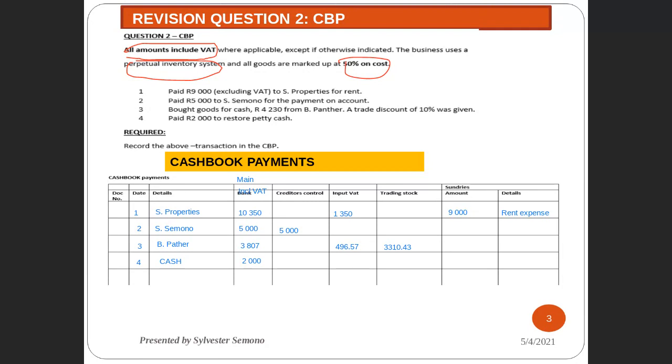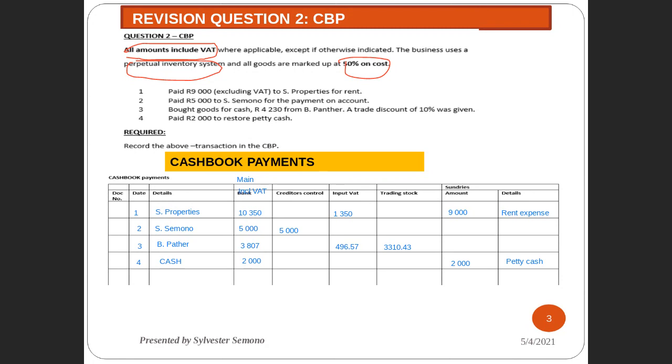Yes, thank you. No VAT on petty cash. Don't calculate VAT on cash.